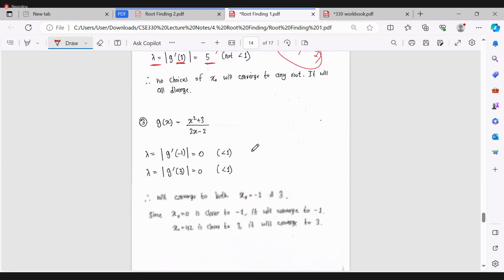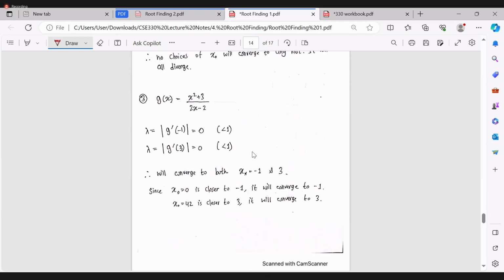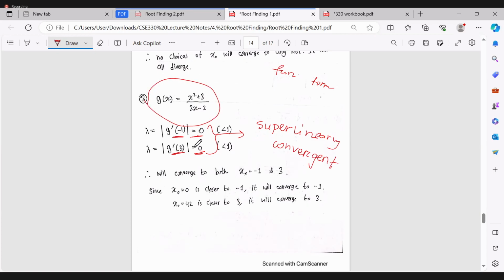Does it make sense? And the fun one, this is our fun form. If you place -1 in there, you get 0. If you place 3 in there, you get 0. That means both are zeros, so both are super linearly convergent. That means this form is convergent for both roots.